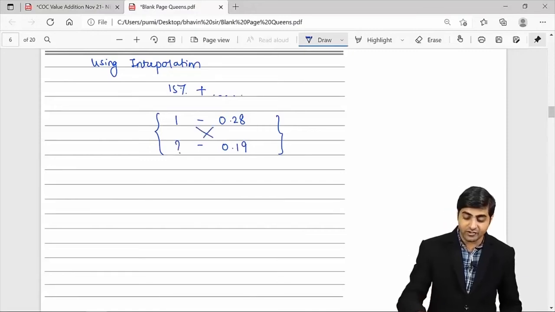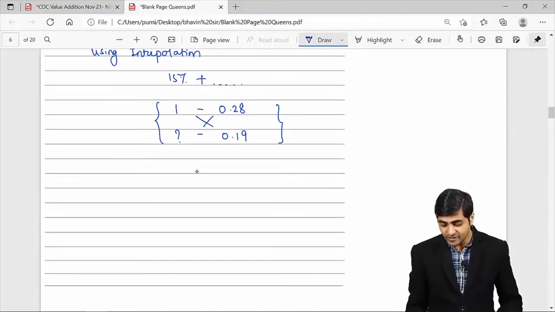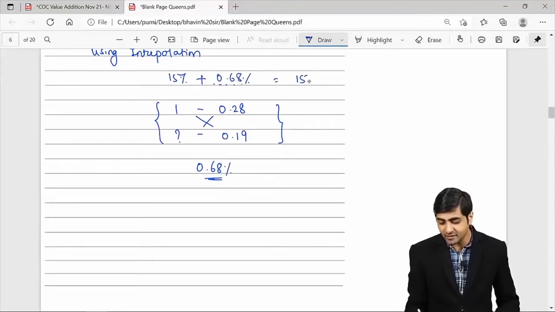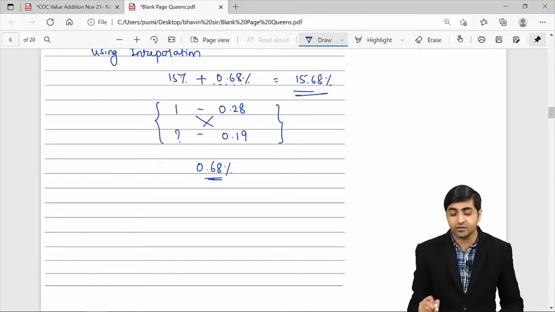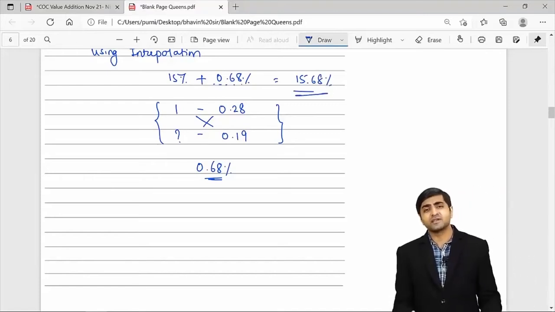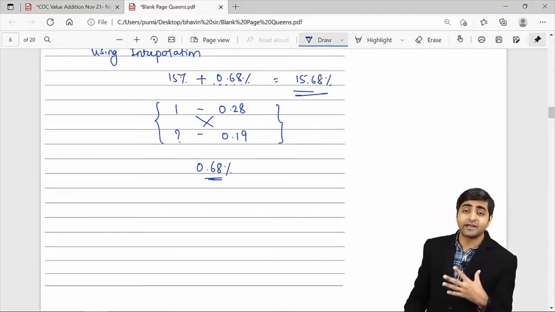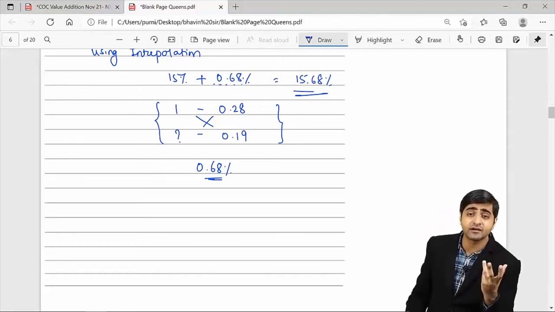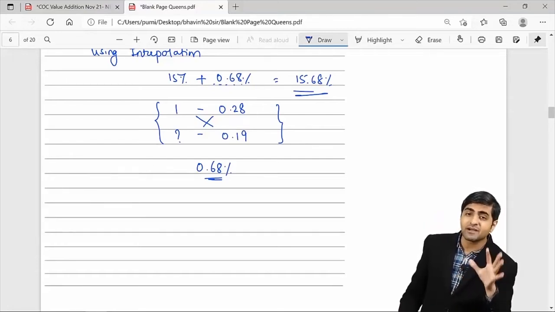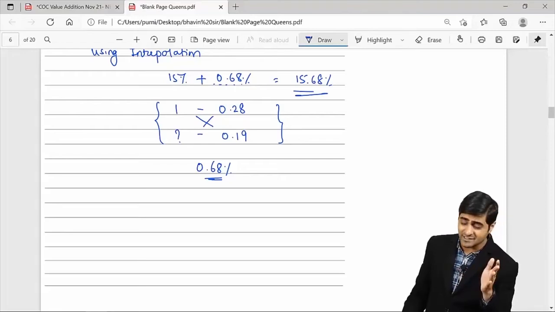So this should be how much? So this will be 0.68%. So approximately, my dear students, your realized yield is nothing but 15.68%. Okay. So guys, slightly, the answers will vary depending upon the technique which you are using here, but your approximate answer will be somewhere around 15.68%.